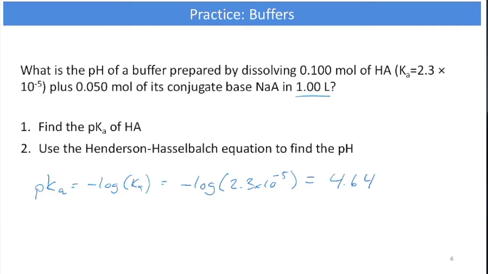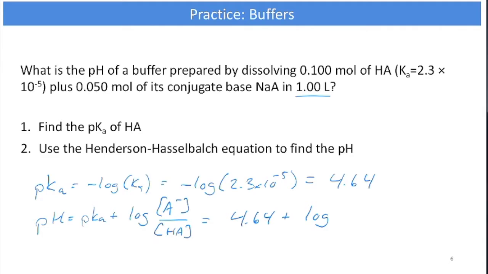Now to figure out the pH, we simply use the Henderson-Hasselbalch equation. pH equals pKa plus log of A- over HA, and that's going to equal 4.64 plus log of our concentration of A-, 0.050 molar, divided by 0.100 molar, and then that gives us a pH equal to 4.33.